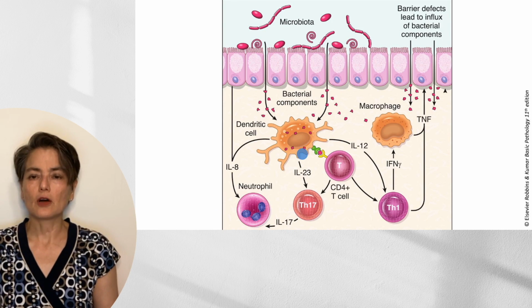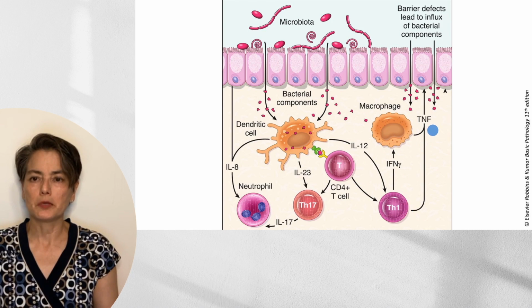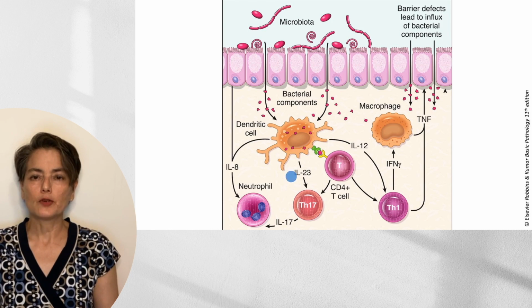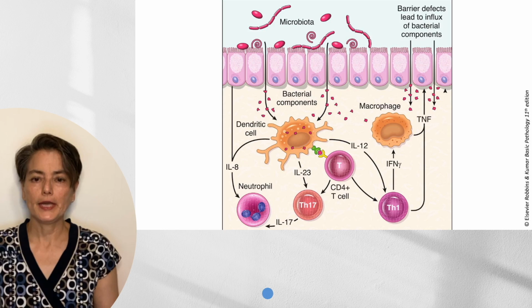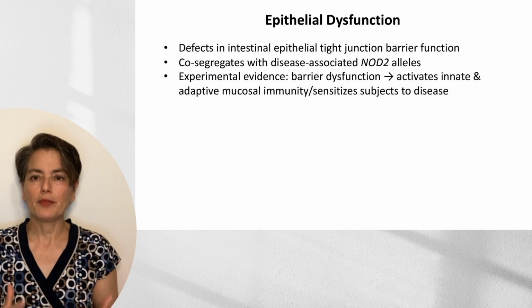The dendritic cell is also going to secrete IL-12, which is going to take us down to the Th1 pathway. We'll begin secreting interferon gamma, stimulating our macrophages, which will be releasing tumor necrosis factor. And then dendritic cells also will secrete IL-8, which can also be released by the epithelium, which is going to bring in more neutrophils.